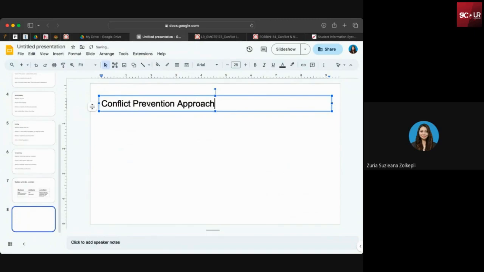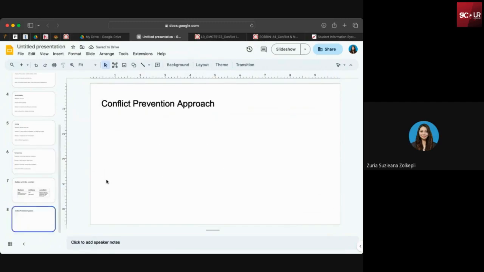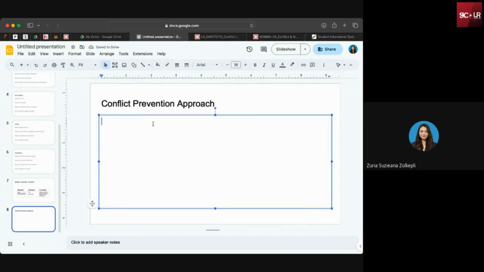Under the conflict prevention approach, we have several things that we implement. Can everyone hear me? Everyone is so quiet.